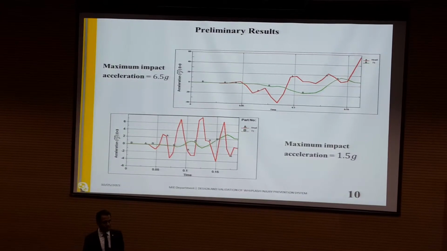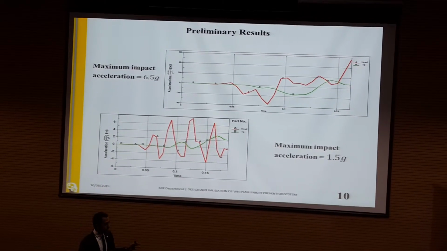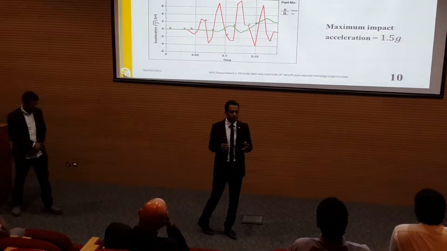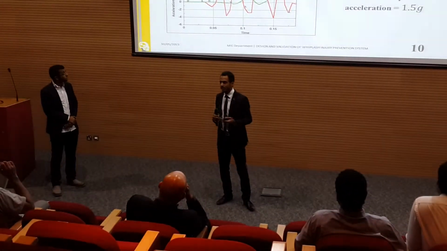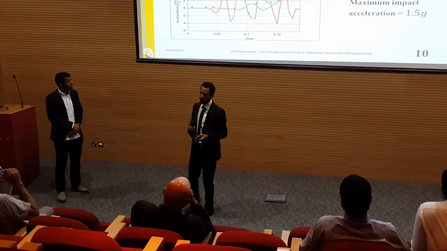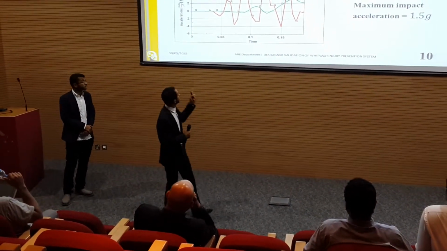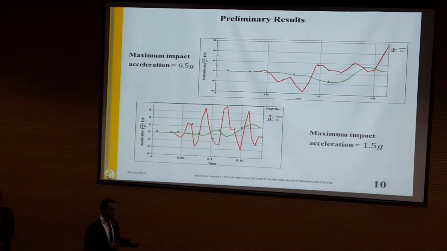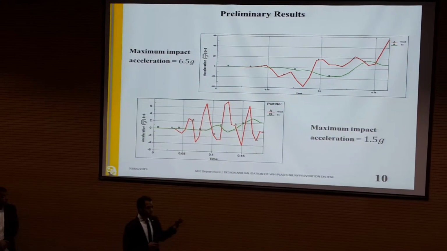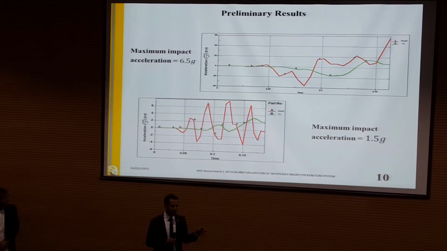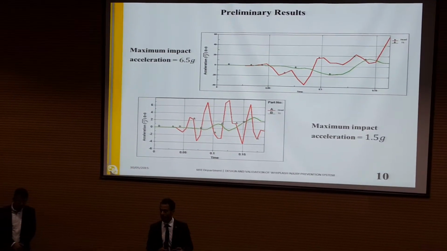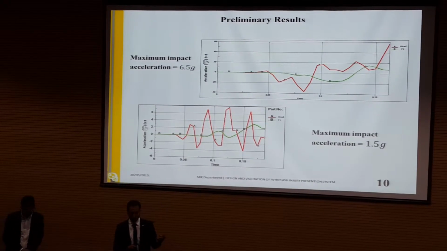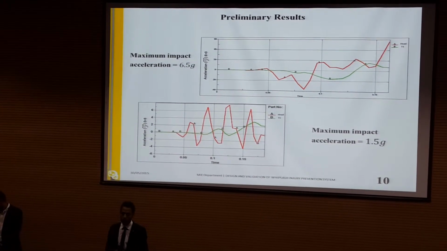In these preliminary stages, the first condition was a fixed condition to obtain a baseline of the normal impact accelerations during rear impact, which reached up to 6.5 g, as seen from the slides. With activation of the sliding motion, the maximum impact acceleration reduced to a minimum of 1.5 times gravity, which indicates effective minimizing of the dynamic response of the human body during impact.